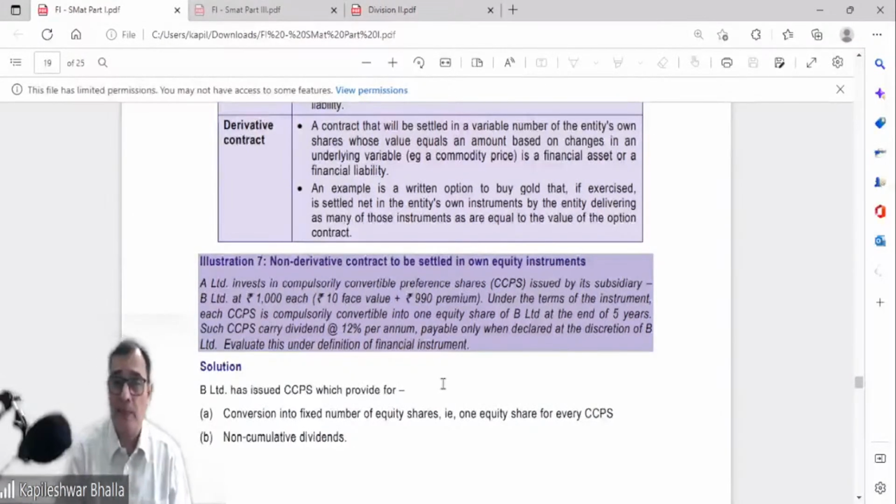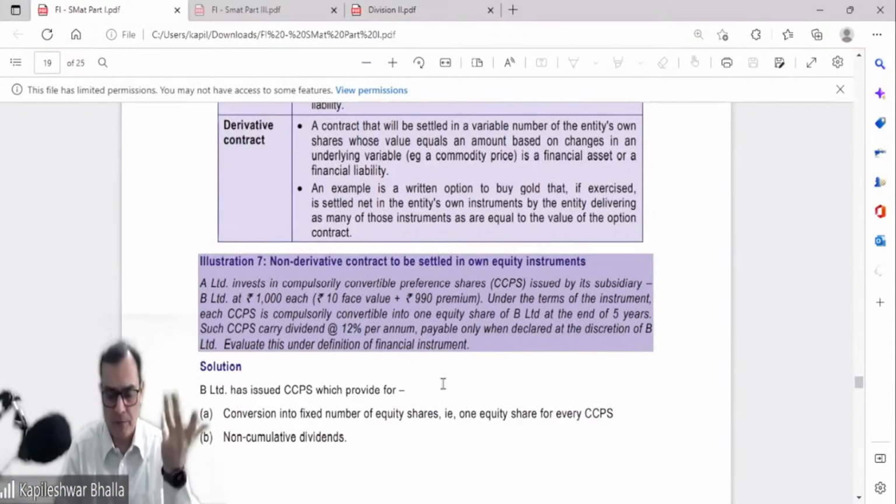Then you've got MCD, mandatorily convertible debenture, and MCPS, mandatorily convertible preference share. So the company might issue instruments which are mandatorily convertible, or optionally convertible. We call them CC or MC, whatever. Mandatory convertible, compulsory convertible, one and the same thing. They can also be PCD, partially convertible debenture, or partially convertible preference shares. You're going to see all the terminology coming in once we make more progress in this standard.